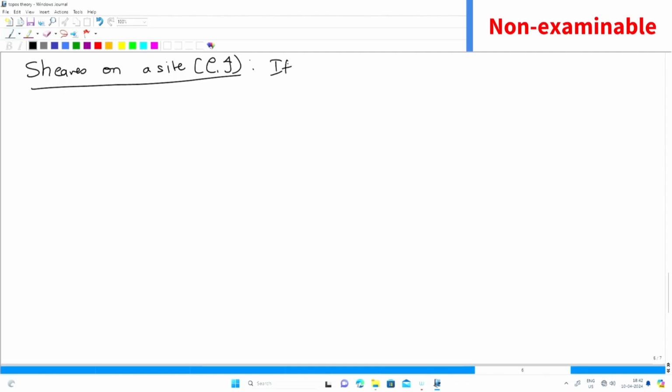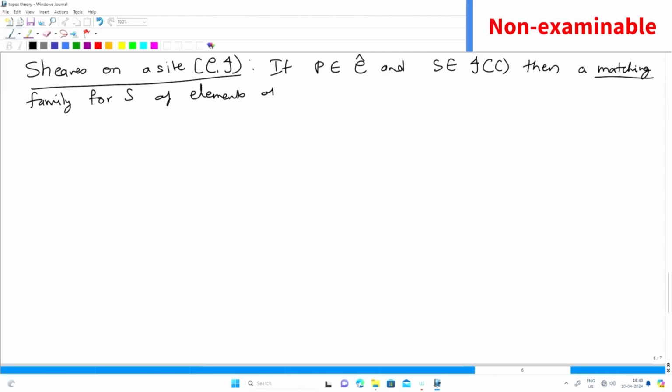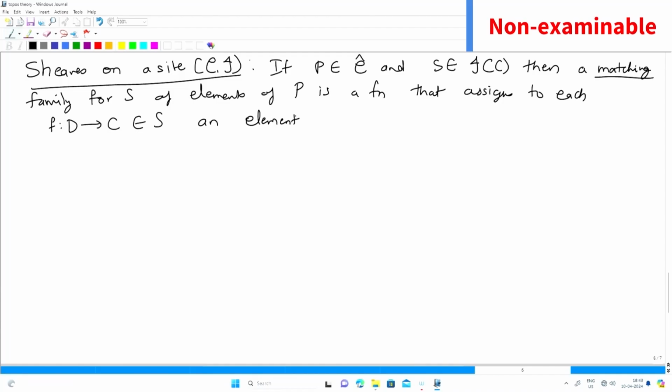So if P is a pre-sheaf and S is a covering sieve, then a matching family for S of elements of P is a function that assigns to each f from D to C in S an element xf in PD.